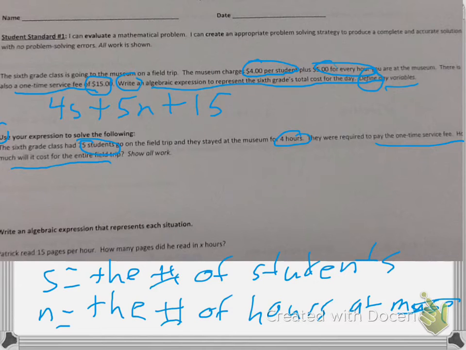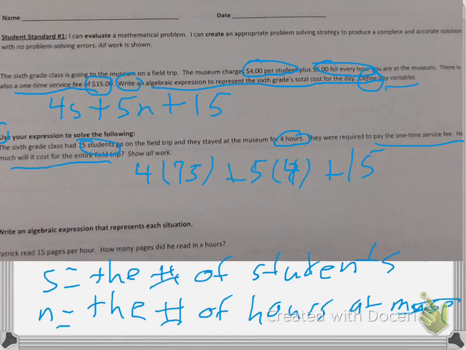So I have my expression, and now I have the number of students and the number of hours. So instead of S, I'm going to write 75, because that's how many students there are, plus 5 times 4, because that's how many hours there are, plus 15. Now I can just follow my order of operations to solve.